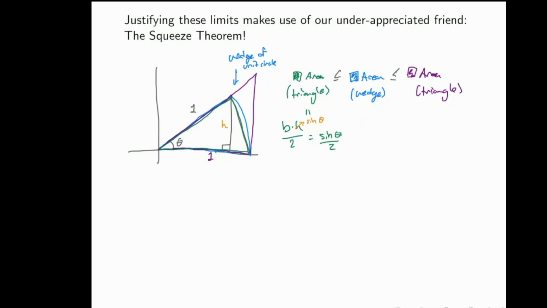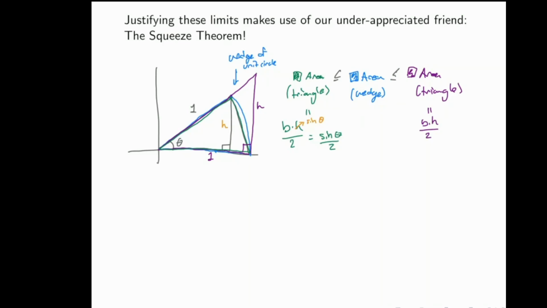Okay, and while we're at it, why don't we look at the purple triangle area? So of course that's just going to be base times height over 2 again, and the base is 1, but now the height is what? I know the adjacent side of this right angle triangle here. I don't know the hypotenuse anymore. We've grown the hypotenuse larger than 1.